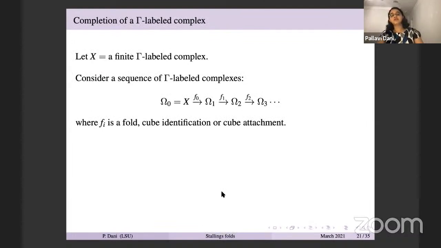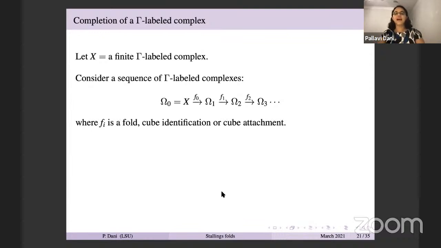All right. So now we've got this sequence of operations that we can perform: three possible operations, folds, cube identifications, and cube attachments. Given a finite gamma labeled complex, you can perform these operations. And now we come to another difference between this setting and the free group setting. In the free group setting, we started with a finite graph, and each time we folded and reduced the number of edges. So we knew that eventually this was going to stop at something where the graph was folded.